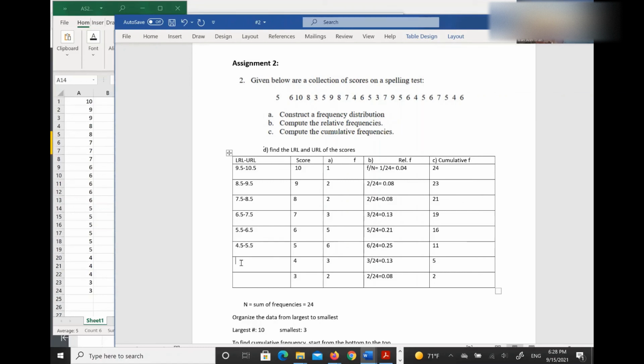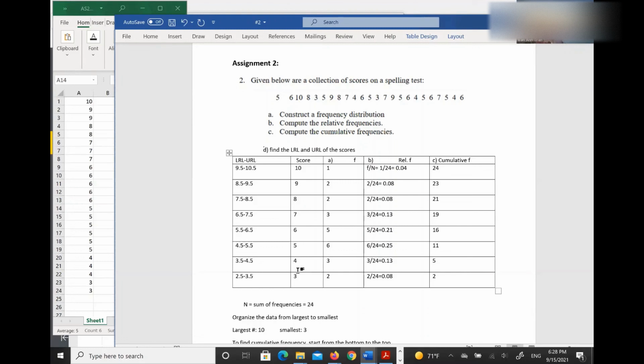And then the next one, 4.5. And the last one, go ahead and type it in. Right, 2.5 to 3.5. All right, double check everything and let me know if I make any mistakes.